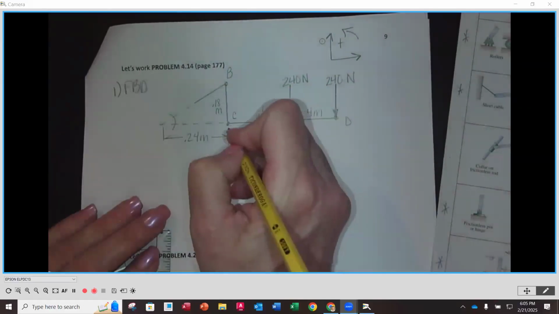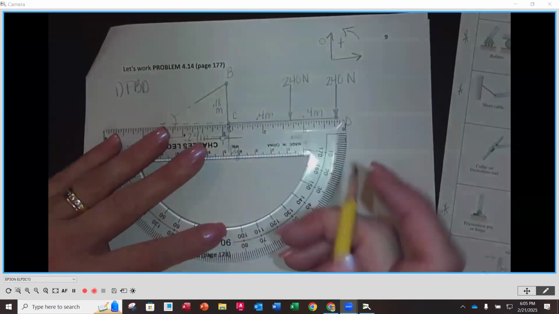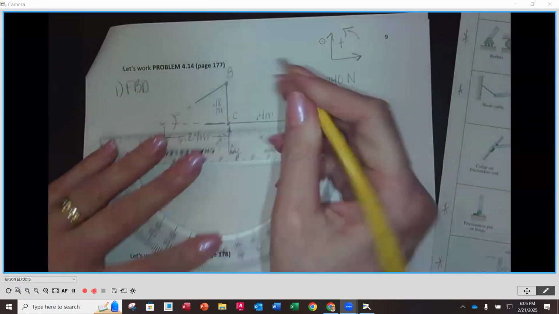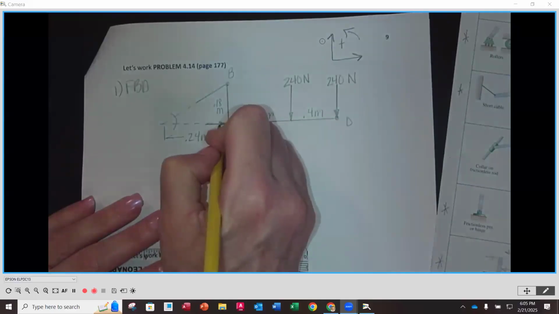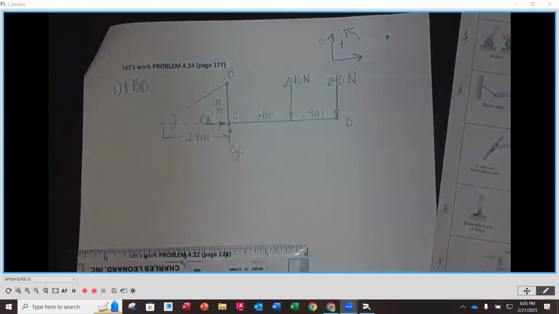Okay, so this is going to be our CY. And I'm going to draw this as a CX. Now, I don't know the direction of CX, but I'm assuming a direction. I know I have to have an X and a Y component there because that's the directions that it constrains or supports in. So I'm just assuming a direction.